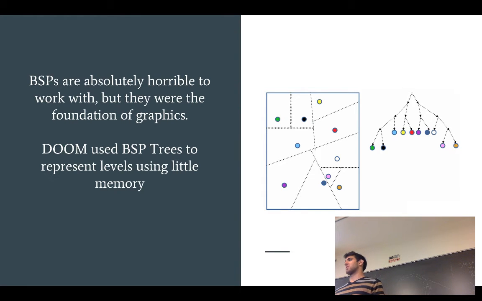It just is computationally a huge pain in the ass. You never ever want to work with this if you don't have to. I can't reiterate that enough. But at the time, it was super useful. The benefit here is that BSPs don't have the same overloading problem as octrees because you can just subdivide the space as much as you want. Does that make sense? Okay.